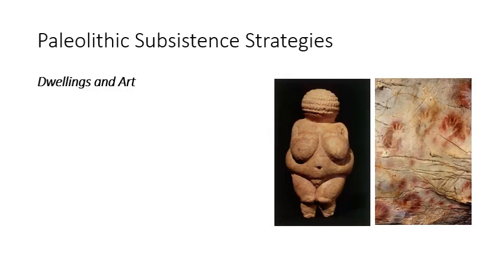When we look at the dwellings and art that were common during the Paleolithic period, as pointed out, it really characterizes that type of movement. But what we're also seeing here, if we look on the right side of the screen, are a number of interesting artifacts, and it provides us insight into their mind.